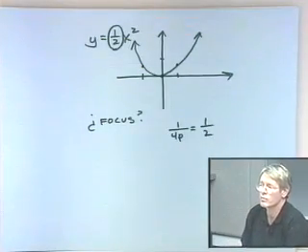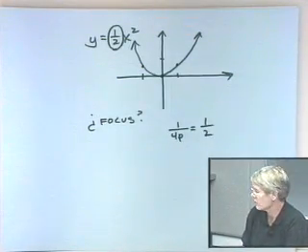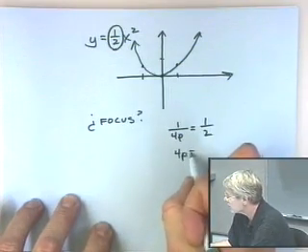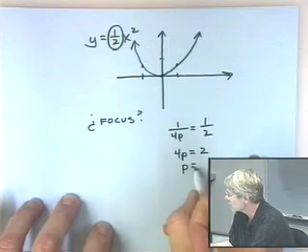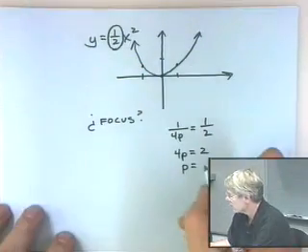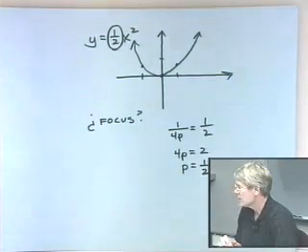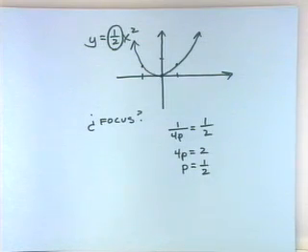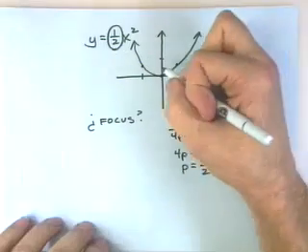So 1 over 4p is, in this case, 1/2, so that means 4p is 2. Or p is what? 1/2? So now let me ask that question again. Where is the focus? (0, 1/2).